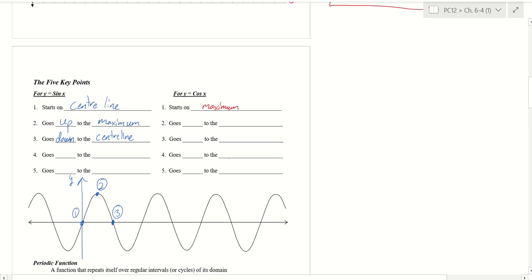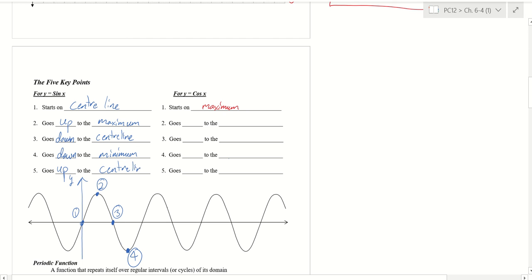After this, it just continues going down and decreases until it hits the fourth key point, which is the minimum. Then what else does sine do? Well, at the minimum, it changes direction. It starts to go up again. It starts to increase. So after it hits the minimum, it goes up back to the center line.